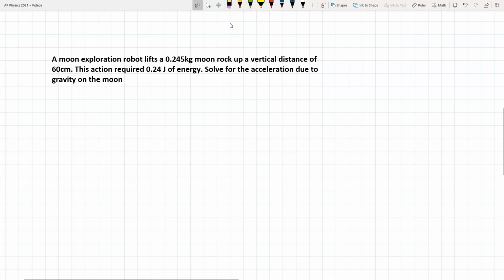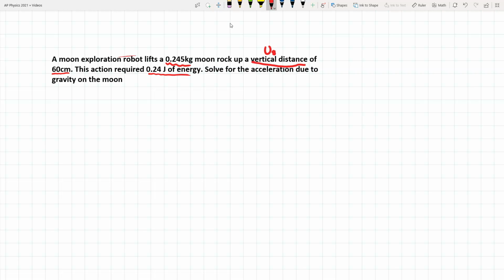A moon exploration robot lifts, so we have mass, we have a distance that it's moving, and then we know the amount of energy. So it's raising height. That vertical distance makes me think gravitational potential energy.